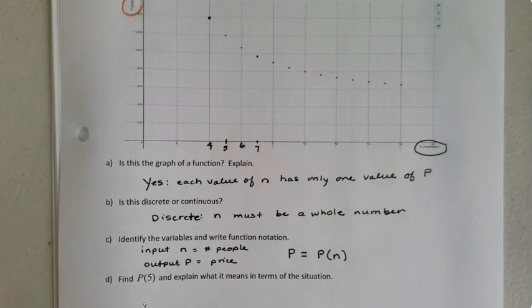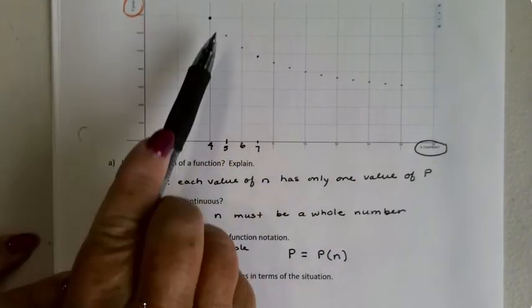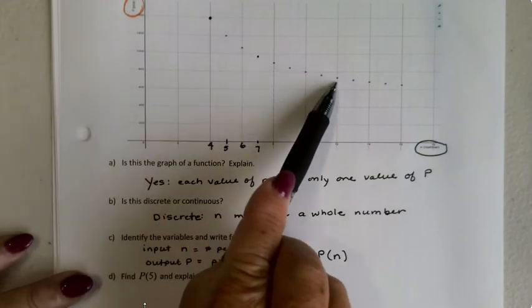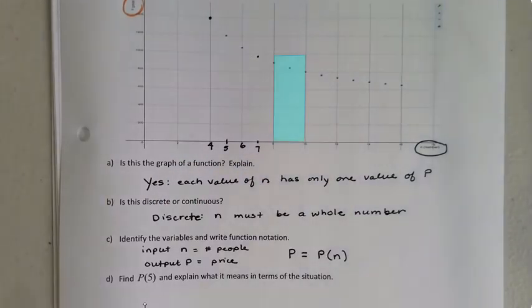Okay, let's look at the pattern here just a little bit, and then we'll start answering some of the other questions. It looks like the more people go, the smaller the price per person is. And hopefully that makes sense, right? If they're sharing a bus or whatever, they don't have to pay as much per person if they are splitting it more ways.